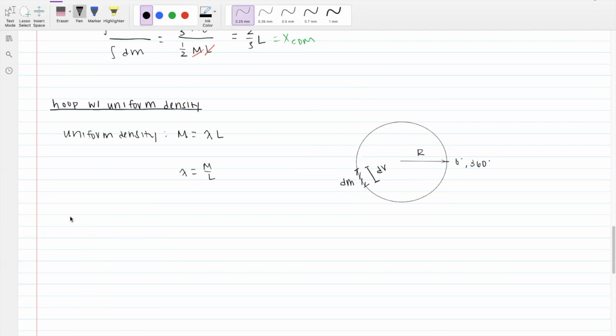So we can write it as such that dm is constant for every dr from 0 degrees to 360 degrees, or that the mass is independent of angular position.